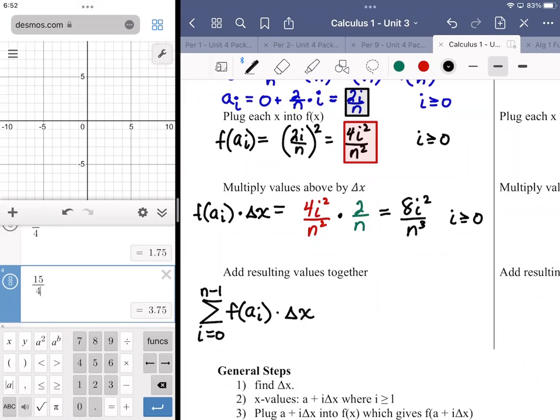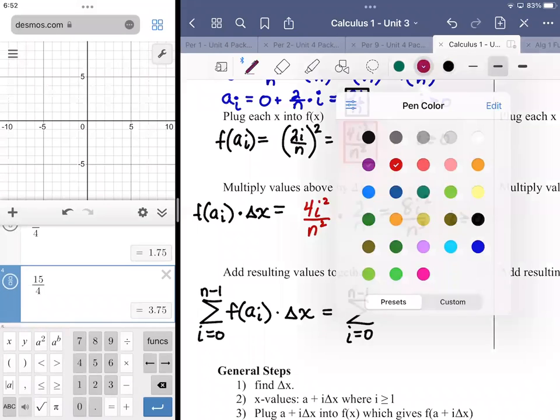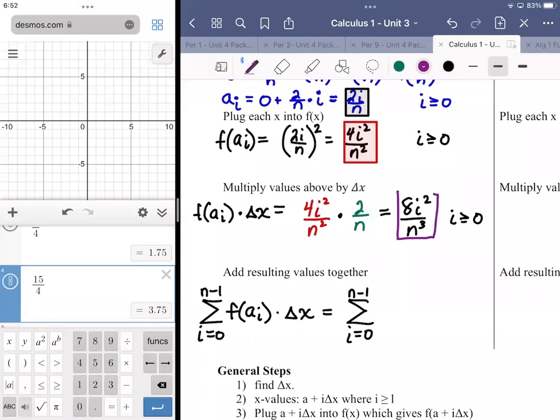In this case, that would amount to the sum from i equals 0 to n minus 1 of, I'm gonna go purple now for those students at home, this expression, which is 8i squared over n cubed.